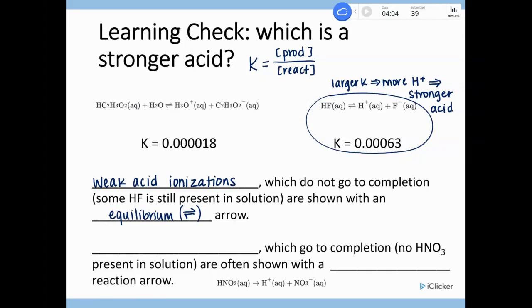Now, strong acid ionizations, which are not represented on this page except for this reaction down here, which is one of the strong acids.